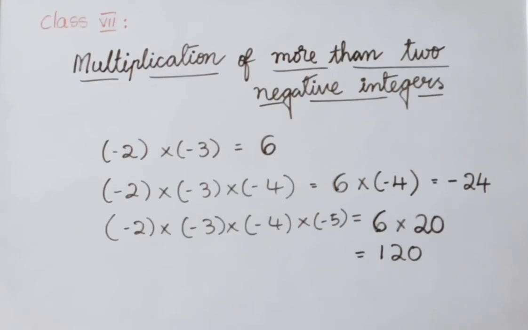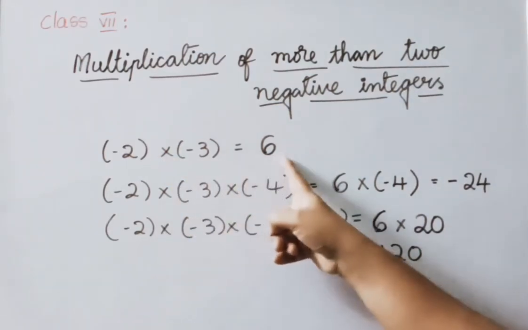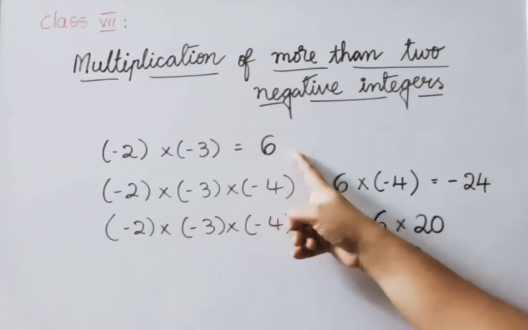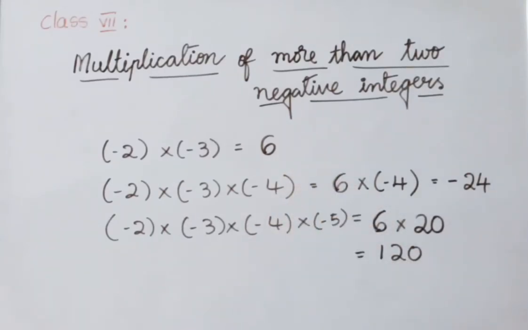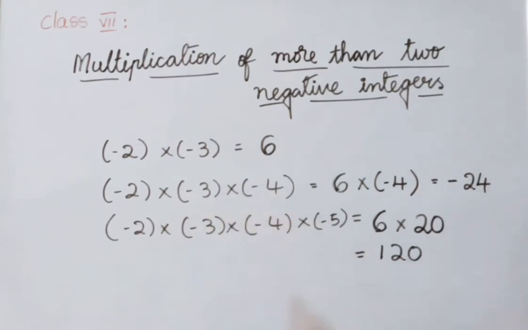By observing these examples, what we noticed is, if the number of negative integers being multiplied is even, then the product is a positive integer. If the number of negative integers being multiplied is an odd number, then the product is a negative integer.